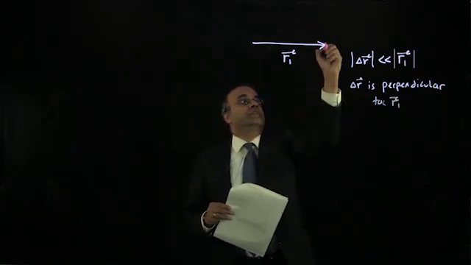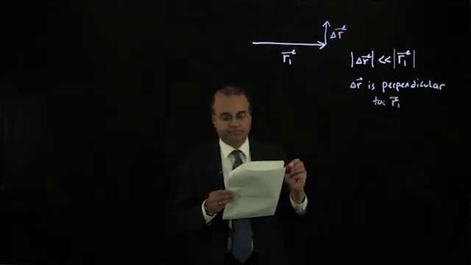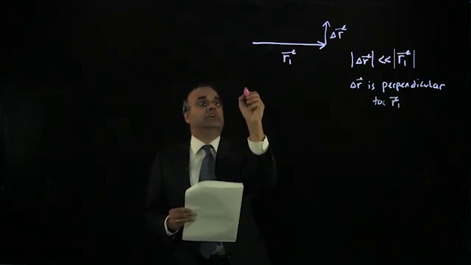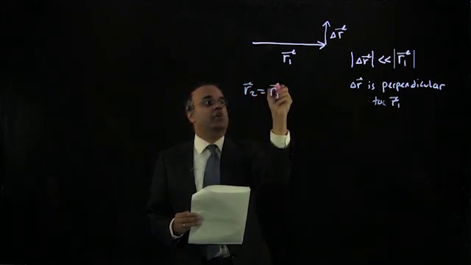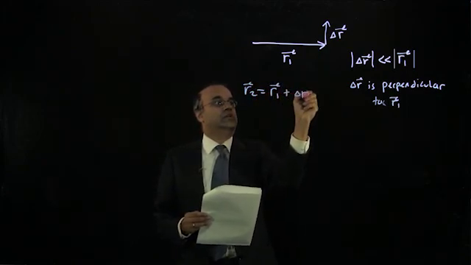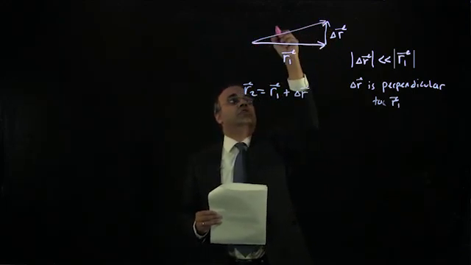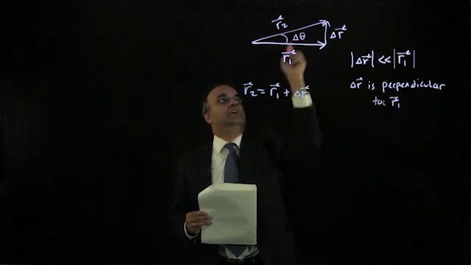So here's my delta r. And so if I add these two vectors, let's say R2 is the sum of R1 plus delta r. So that's my vector R2, and I'm going to call this angle delta theta.